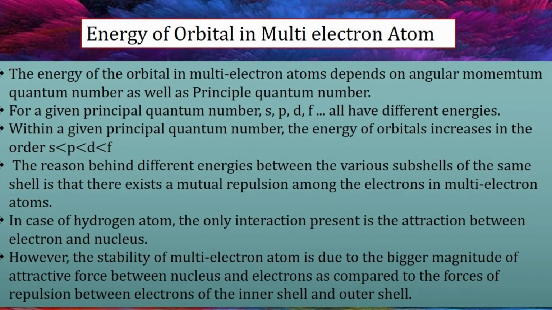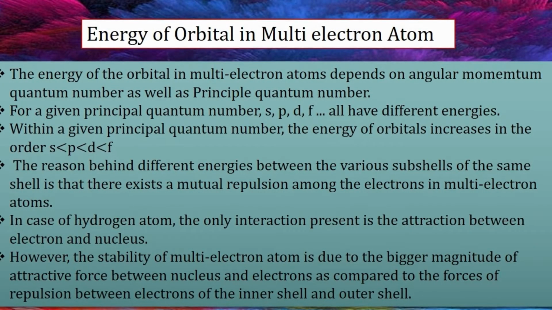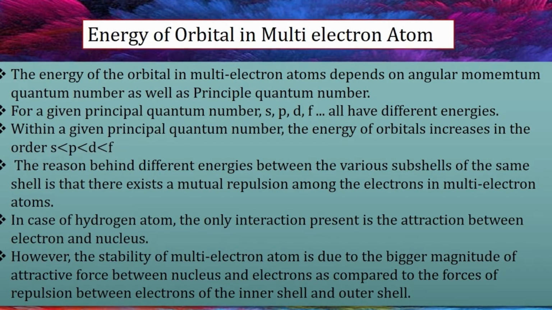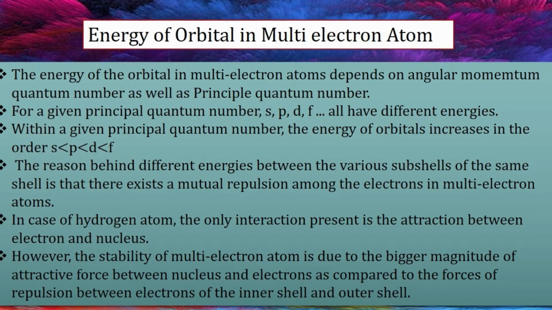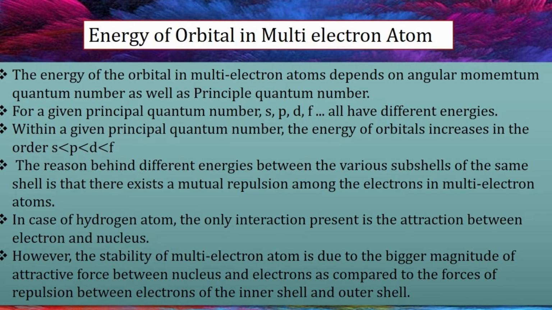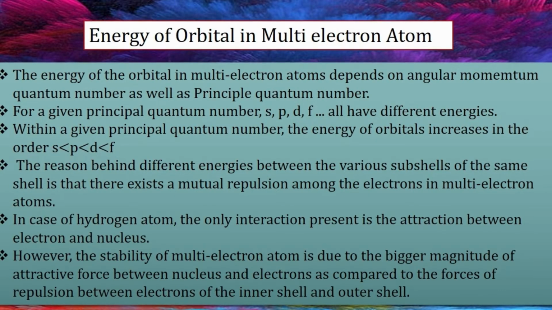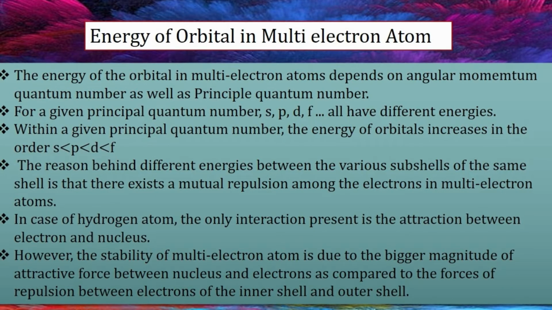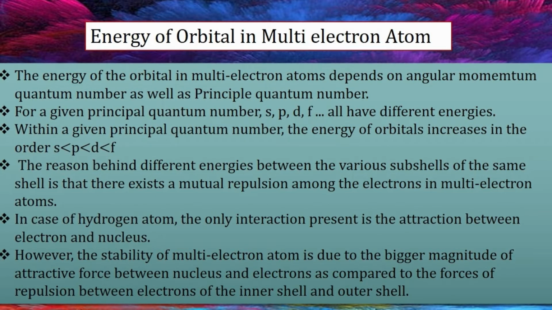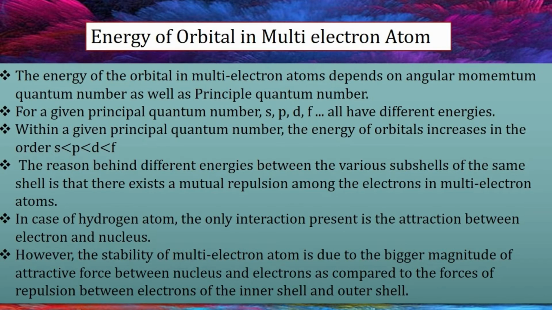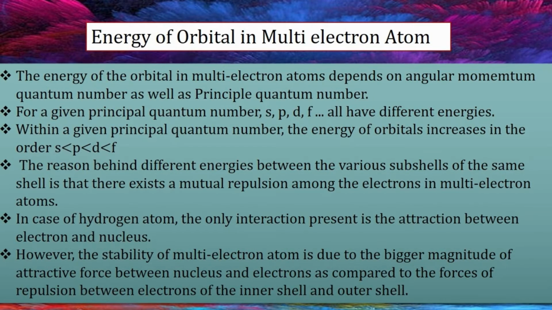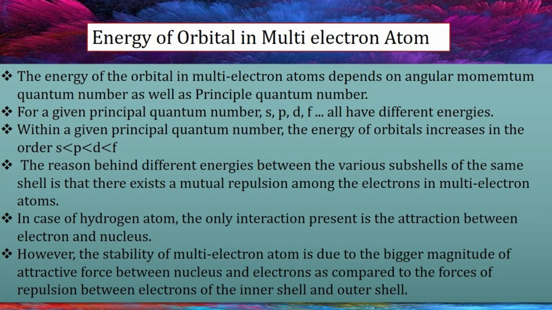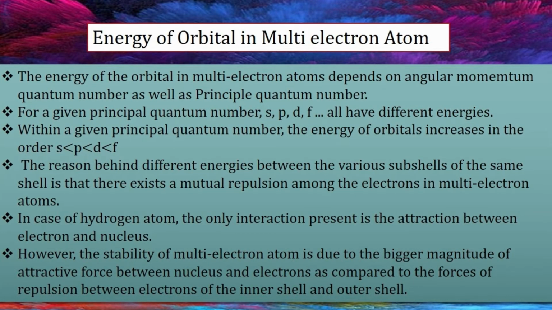Now let's discuss the energy of orbitals in a multi-electron atom. In the case of a multi-electron atom, the energies of orbitals having the same value of n but different values of l are different. This means that the energy of orbitals depends upon the value of n as well as l. In other words, the different subshells of the same energy shell have different energies.